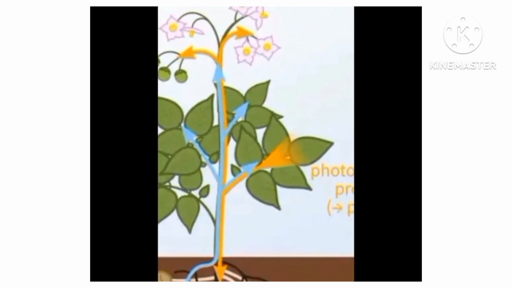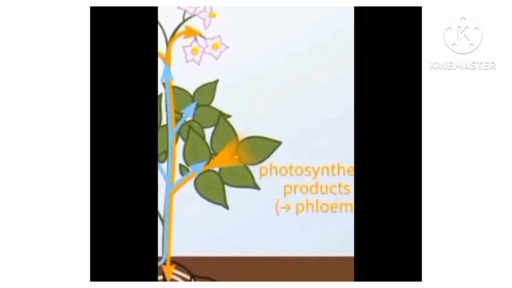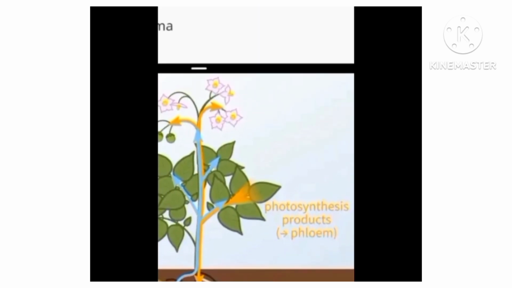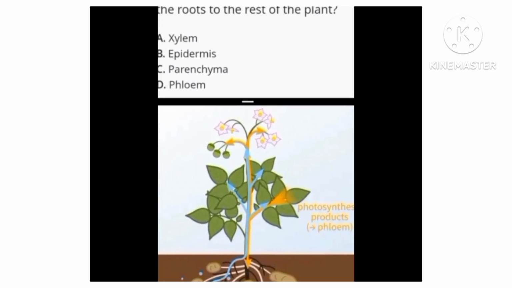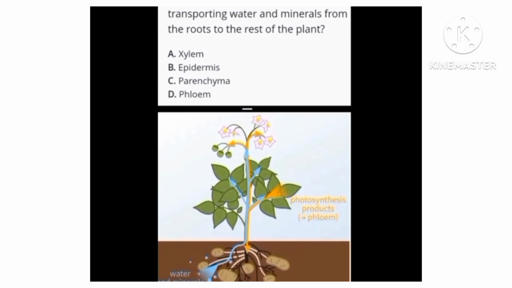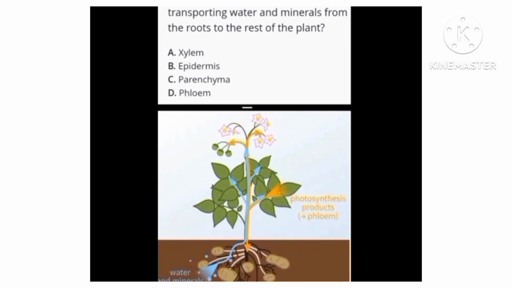Phloem helps in transportation of food from the leaves to different parts of the body. If you look at the arrow very well, it's from the top down. So there are two different things. Xylem transports water and minerals, and phloem transports food substances that are made in the leaves, most specifically glucose. So the answer to this question is A, xylem.